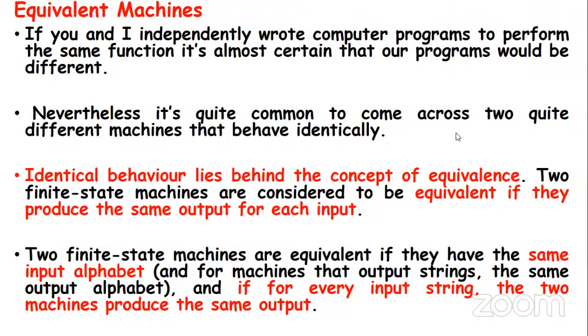So two finite state machines are equivalent if they have the same input alphabet, and for machines that output strings, the same output alphabets. And if for every input string, the two machines produce the same output, such machines are said to be logically equivalent.